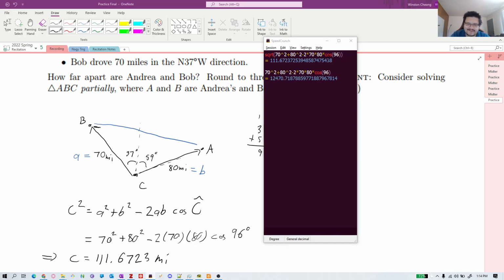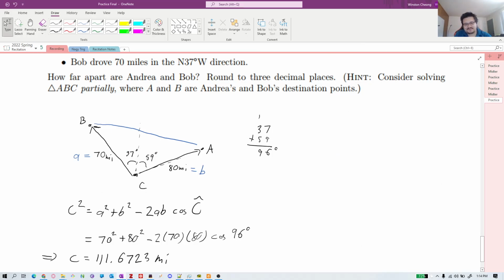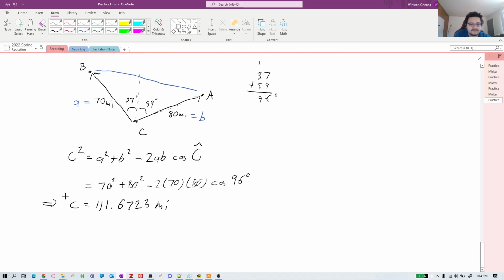So don't forget to take a square root. That's a terrible mistake. I got it this time. Right, of course. And it makes sense as well, right? 70 and 80, that should be in the ballpark. 111 is in the ballpark. I got 12,000. I wasn't paying attention.